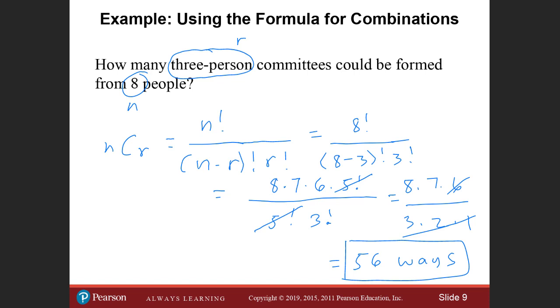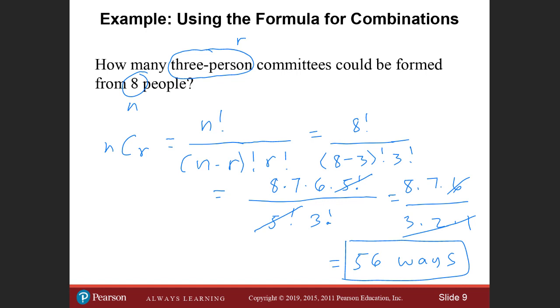Now, the alternate solution for this would be using your calculator. So your n would be 8, press 8, and then press the math button, and then move your choices using the right arrow key to the far right, which is under PRB, that's probability, and then choose 3, that's the combination formula, and then you press the r, which is 3, and then hit enter.